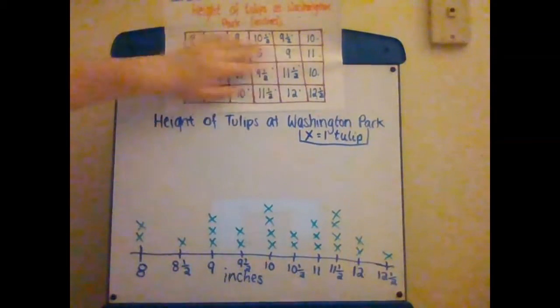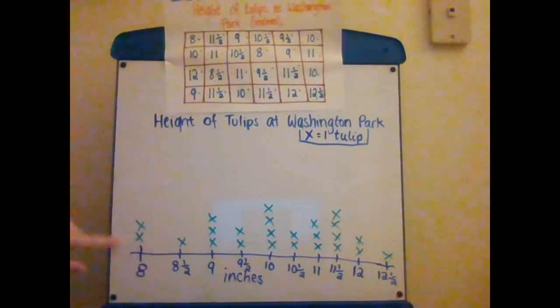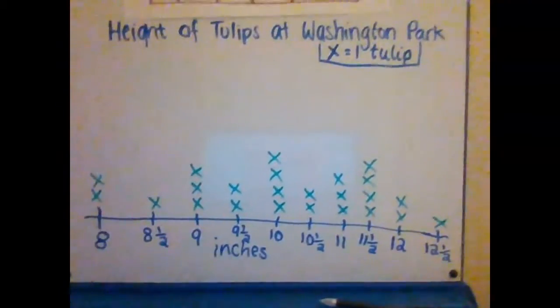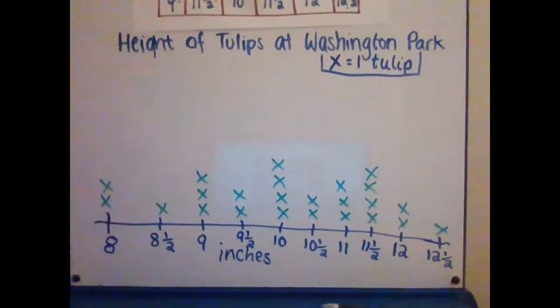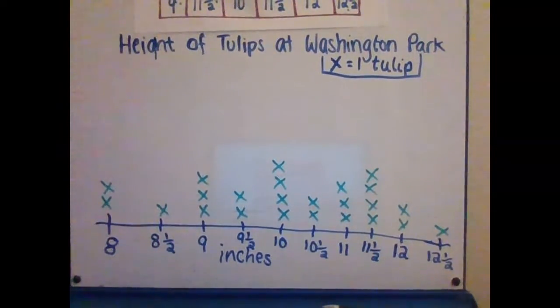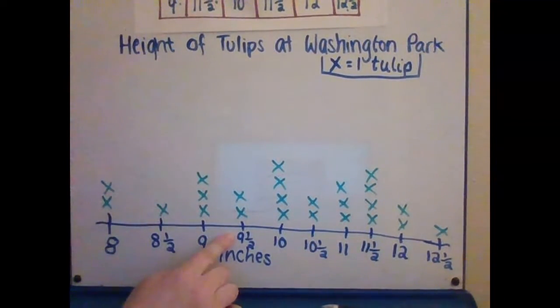Although the information is accurate, it's very hard to read, but I can look clearly at the data in the line plot. So let's zoom in a little bit, and I'm going to ask some questions, and then hopefully you will be able to answer them by looking at this data. The first question I want to know is, what other height of tulips is the same as 9.5?